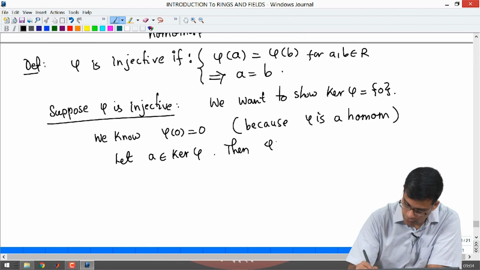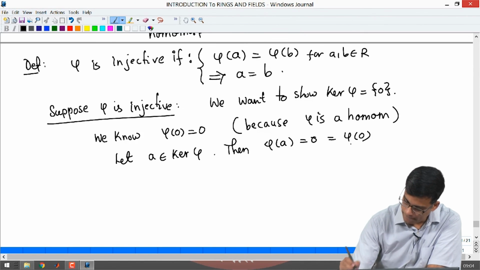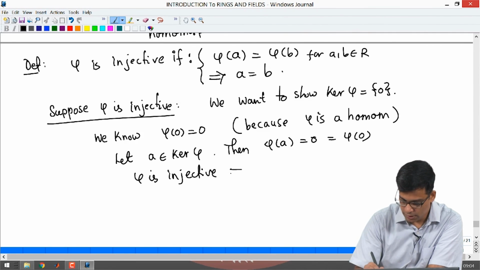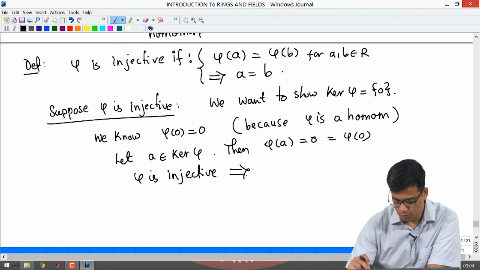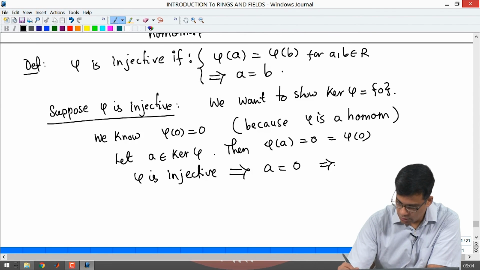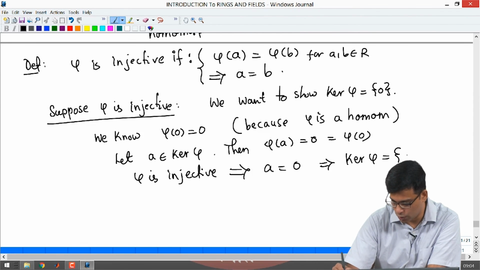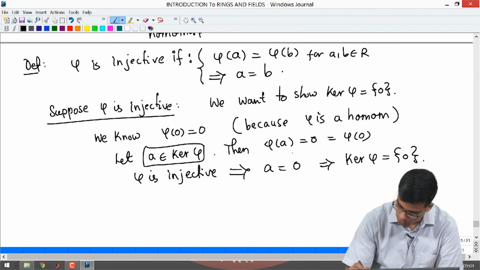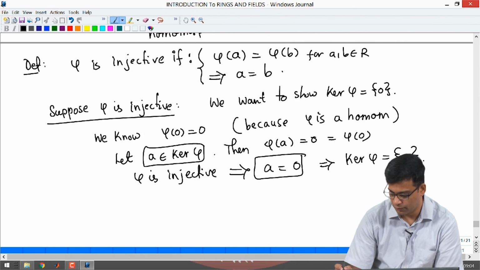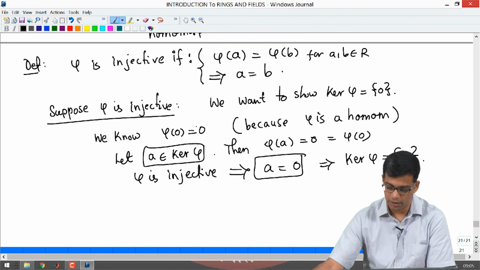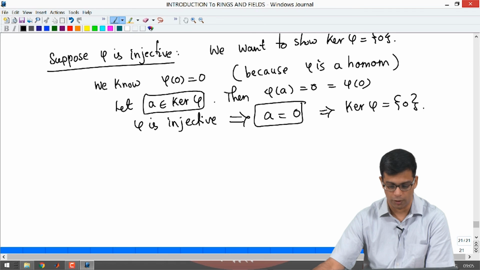Then phi of A is 0, but 0 is also phi of 0 as I noted. But since phi is injective, which is the hypothesis, phi of A equal to phi of 0 means A equals 0. So, the only element of kernel phi is the 0 element. I have taken an arbitrary element of kernel phi and concluded that A is 0, so kernel phi is equal to 0. Certainly 0 is in the kernel because phi of 0 is 0. So, the kernel is just the 0 element, there is nothing else.